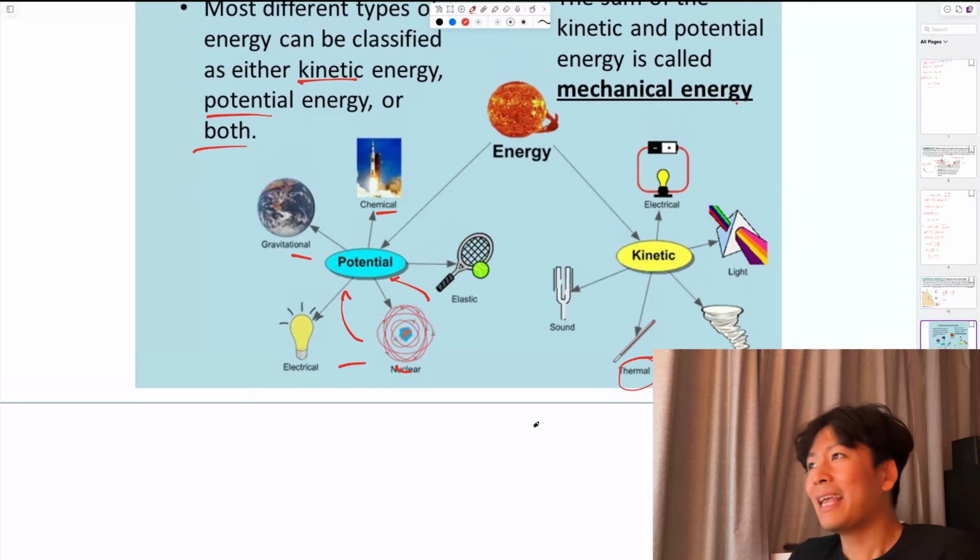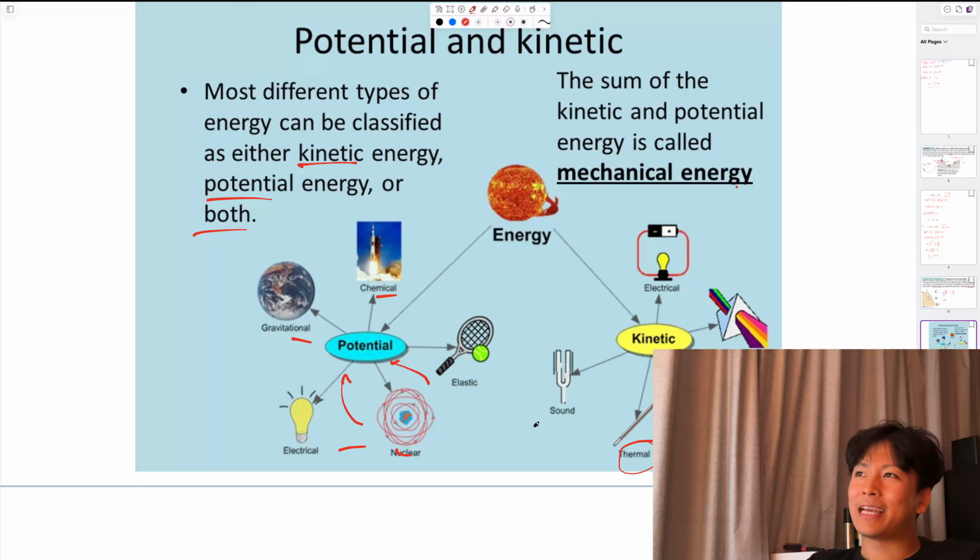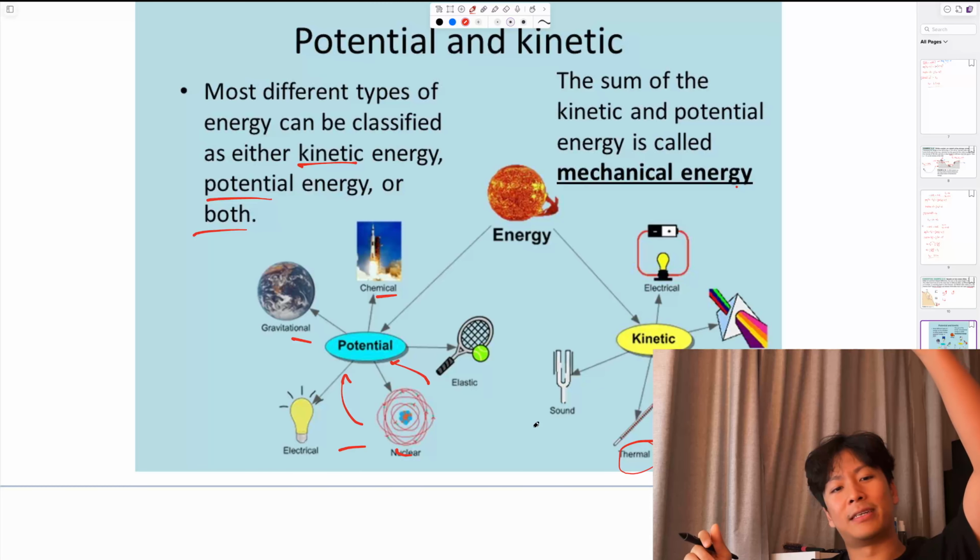And one of the things we say is that energy can be transformed, right? So it can change from one form to another. Again, energy is just a way for us to keep account of things. For example, if I have water at the top of a waterfall or a dam, we say it has some potential energy, and then that can be transformed to kinetic as it falls down.